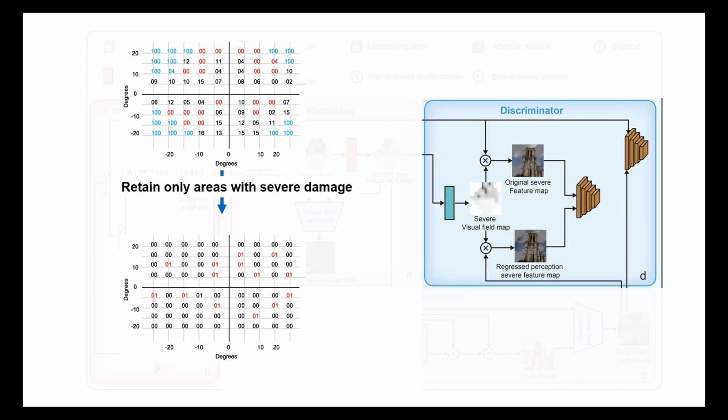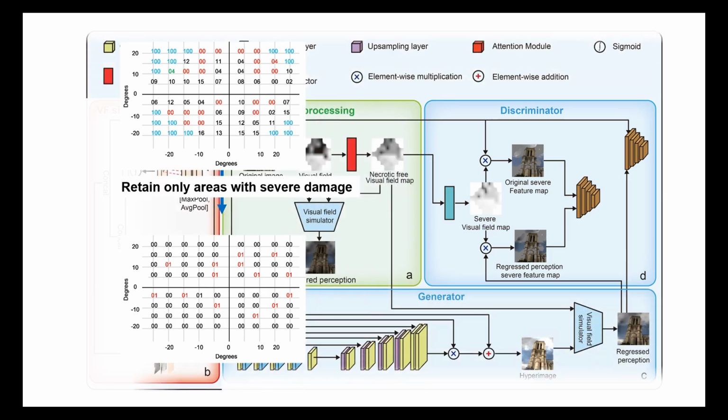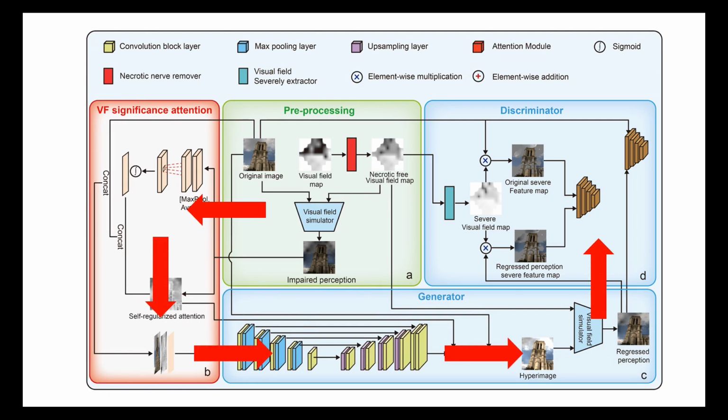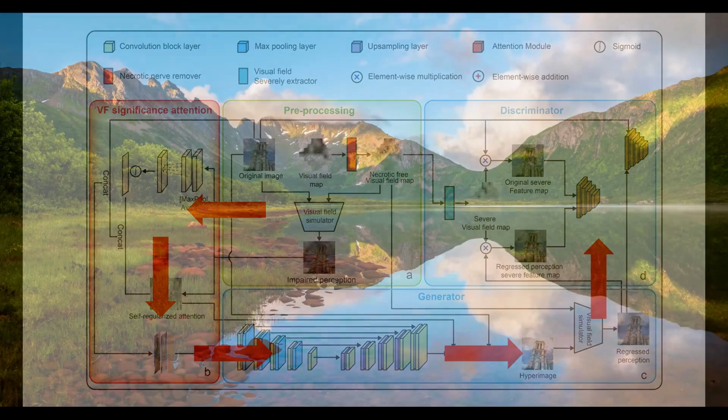After adversarial training, the generator is expected to yield a hyperimage that, when regressed with the user's visual field parameters, closely resembles the original image. As demonstrated above, VF lens, with its adversarial learning capabilities, has the potential to address a wide range of visual impairments for image enhancement, even if the visual impairment simulator is irreversible. We next present our experimental results and findings.